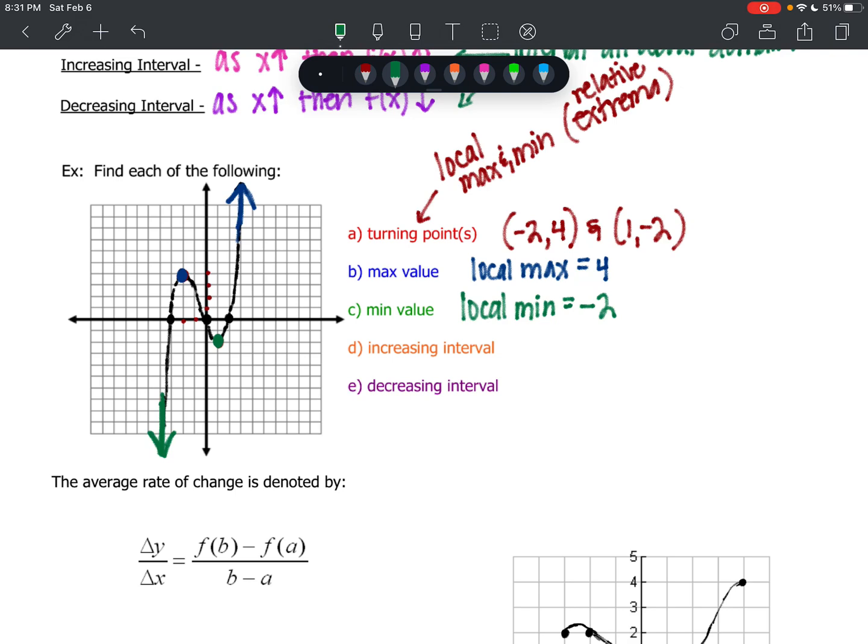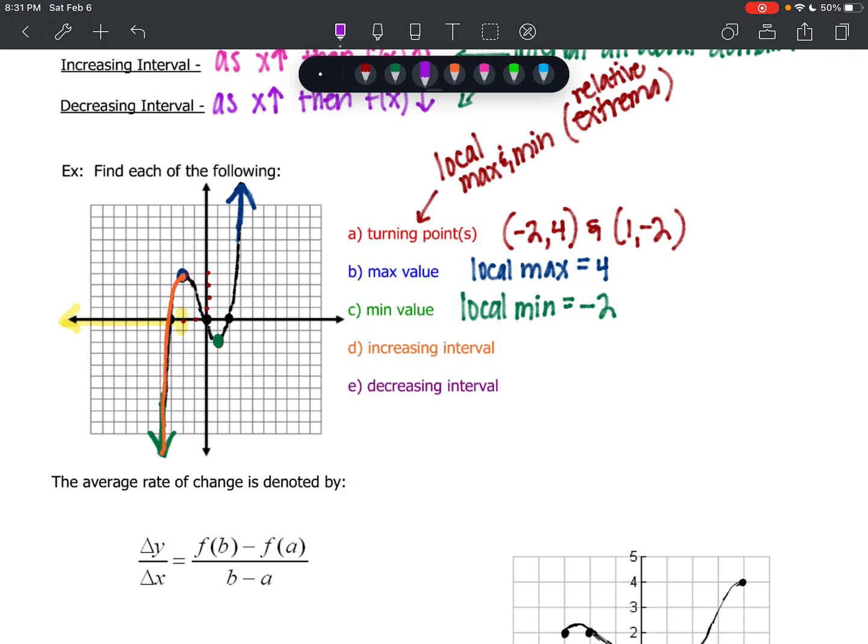Now the increasing interval, our graph is going, I like to think of it just drawing it from left to right, and when my pencil is going up, that's when it's increasing, okay? So it's increasing along the x values of negative infinity until I get to that turning point.